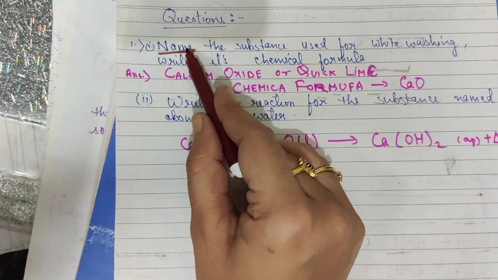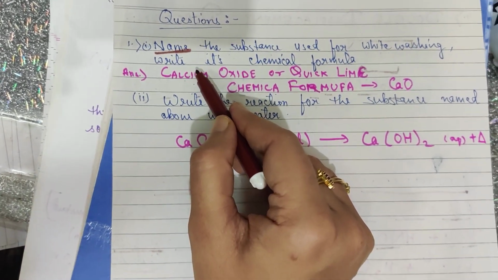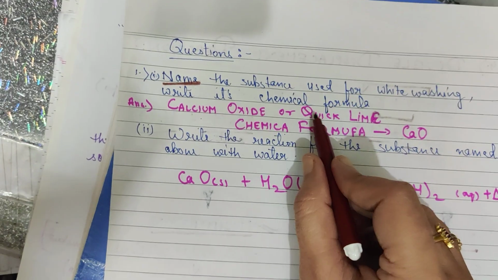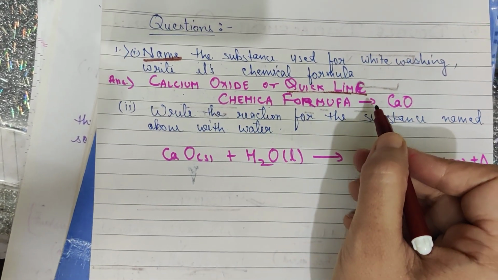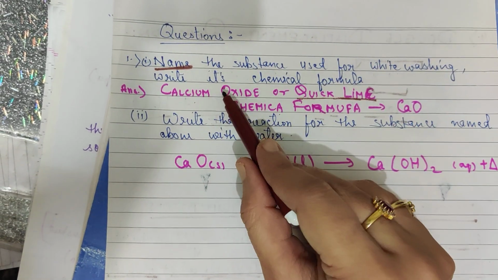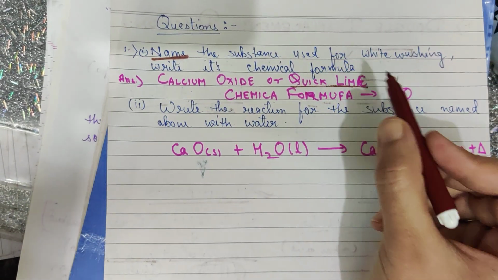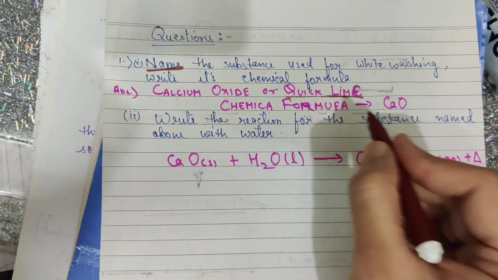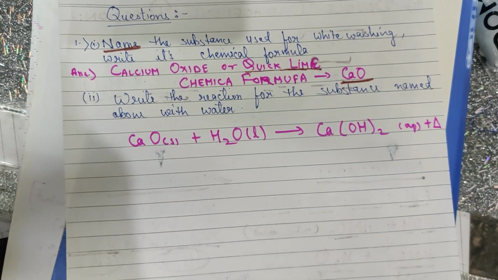When it is asked to write down the name, even in your board exam, please remember to mention the name only. The common name of calcium oxide is quicklime. And then the question in continuation is to write its chemical formula. The chemical formula of calcium oxide, which you all must be aware of, is CaO.